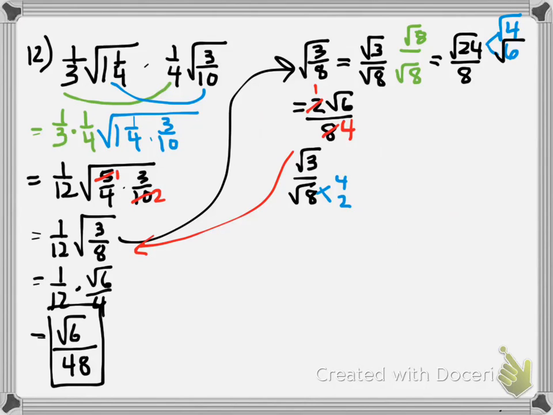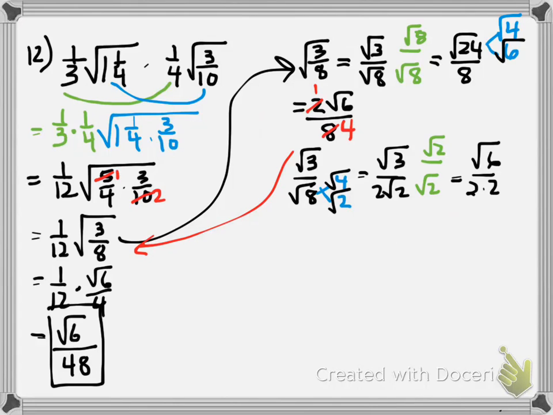Keeping that in mind, we get radical 3, square root of 4 is 2, and I can't take the square root of 2. Now what would I be multiplying top and bottom by? I'd be multiplying top and bottom by radical 2, which would give me radical 6 over 2 times 2, or radical 6 over 4.